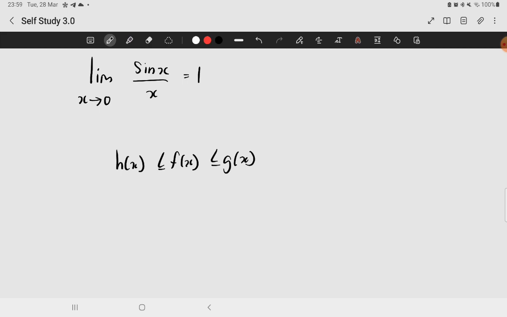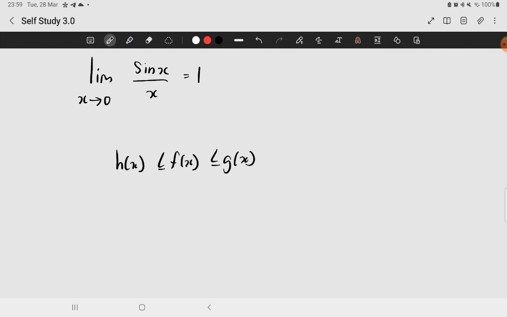Ah, here it is. So there are names for it. You can call it the sandwich theorem or the squeeze theorem. Basically, we have three functions, right? And let's say there's a value of x in some open interval that contains c.